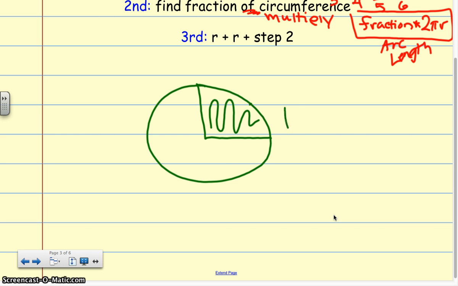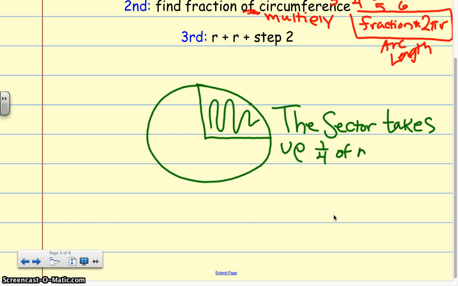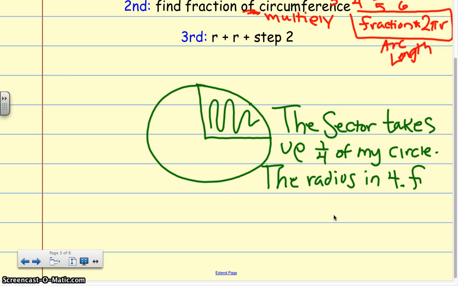So the sector takes up 1/4 of my circle. The radius is 4. Find the perimeter.